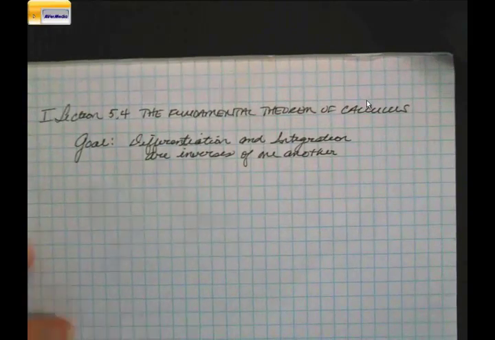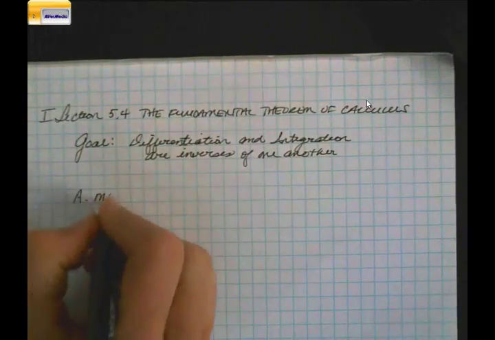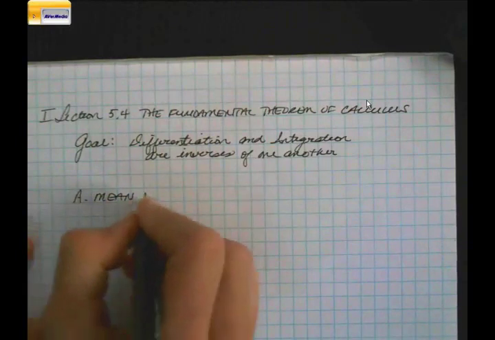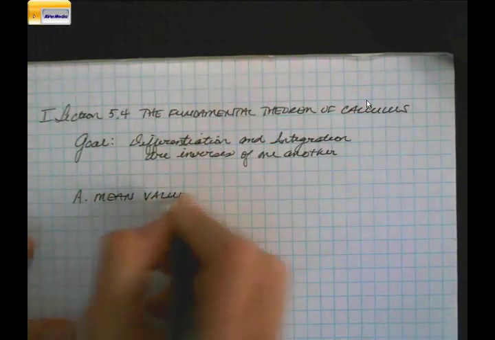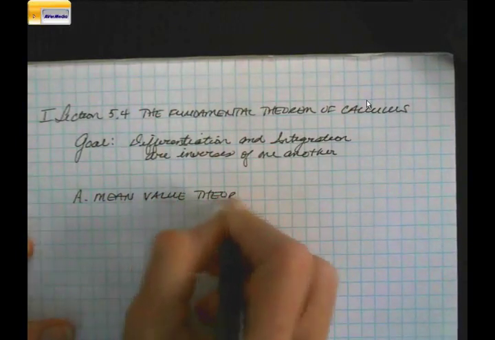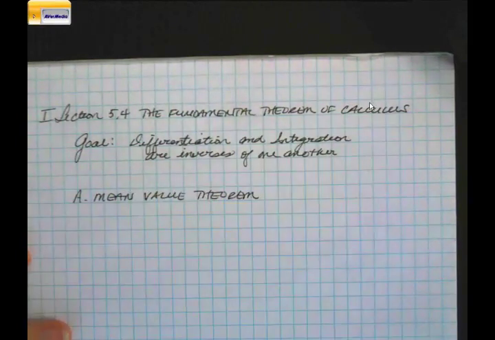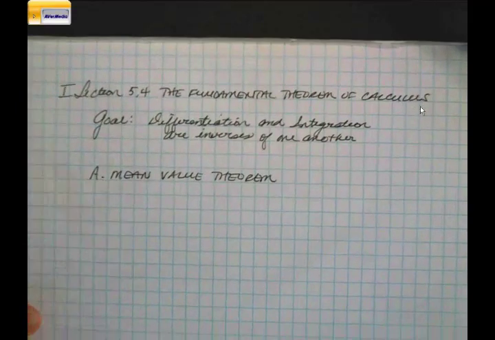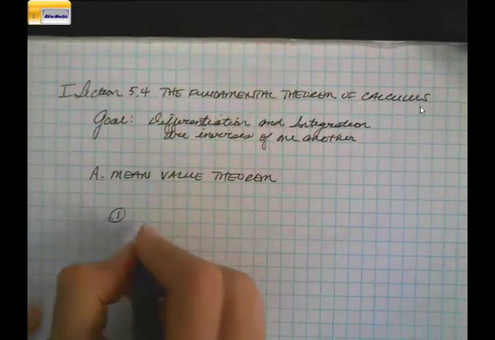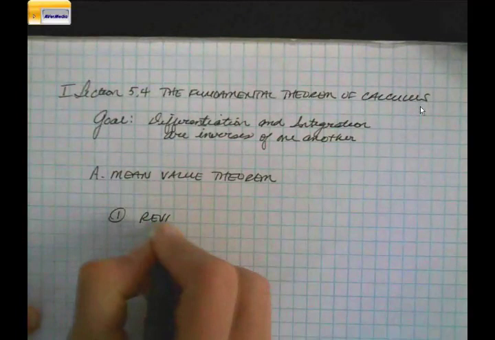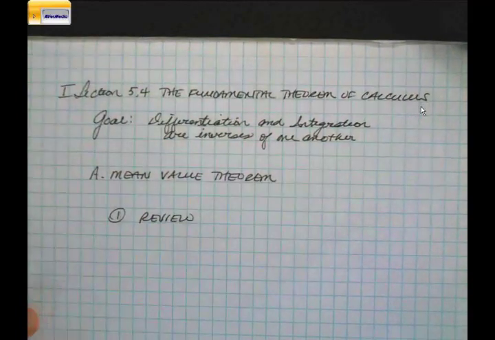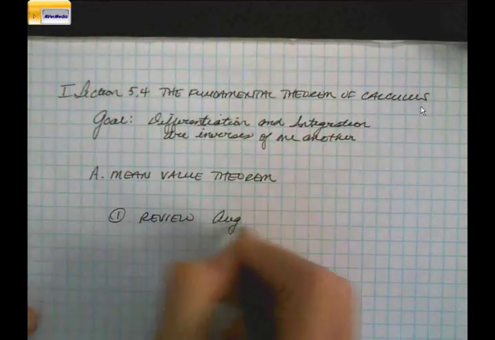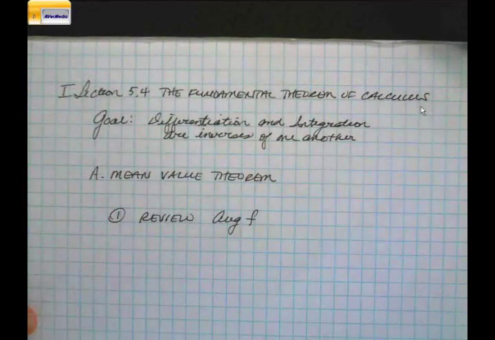Now it starts off talking a little more about the mean value theorem. I guess the notations may be a little different. It doesn't seem like a whole lot new here, but I can show you a little bit of an interpretation that will make it seem a little different than what we've already done, but it's very similar. If we go back to remembering what we did with the average value theorem, the average value was really the average height of the function.